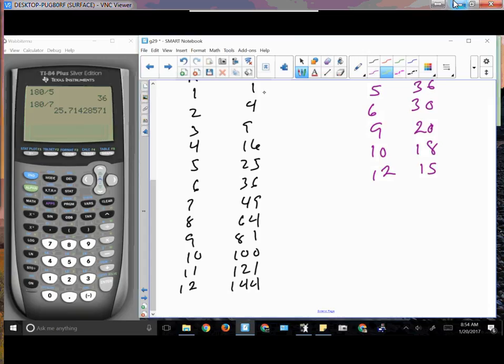Our perfect squares are sitting right here. These are the numbers we want to take a look at. I'm going to give you a few moments to make sure you have this copied down.